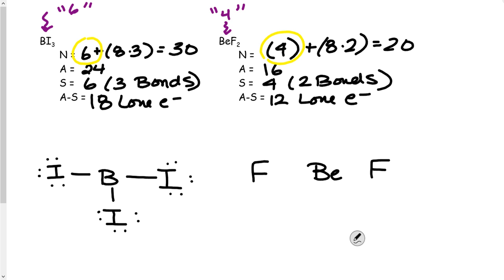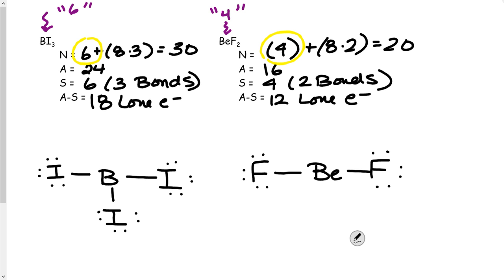Let's put our beryllium in the middle. And as we look at the fluorines, we calculated 2 bonds. So 1, 2, 12 lone electrons. 1, 2, 3, 4, 5, 6. 1, 2, 3, 4, 5, 6. Gets each of our fluorines to 8.